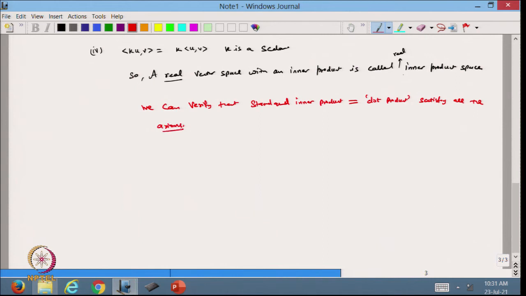If we call it the standard inner product, it means we are talking about the dot product we have discussed for vectors in Rn.